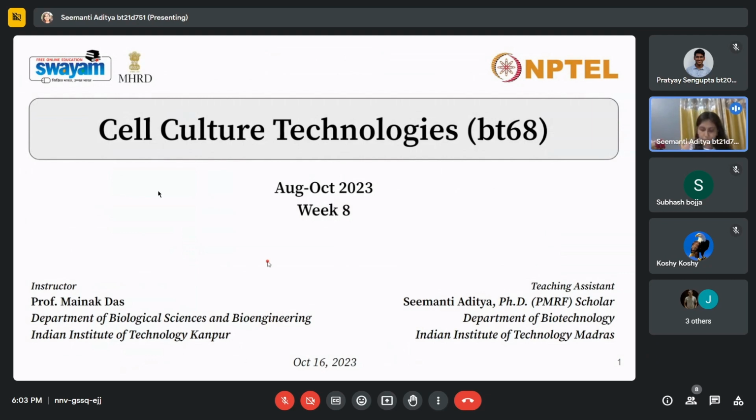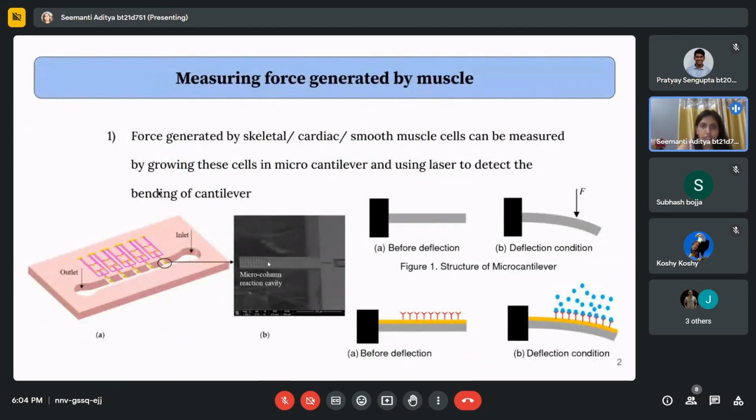So basically we will be talking about muscle cells and how the force generated by the contraction of the muscles can be measured using the microcantilever system. So how can we measure the force? All the muscle cells, the skeletal muscle, the cardiac muscle, smooth muscles, contract because of the presence of actin and myosin.